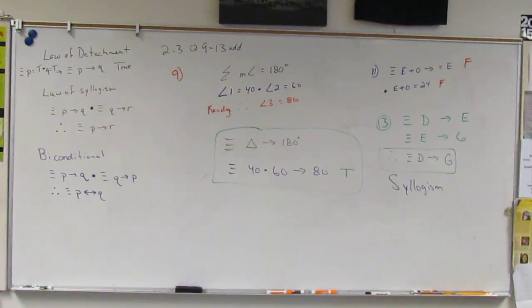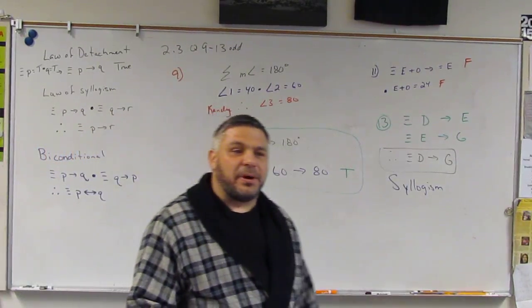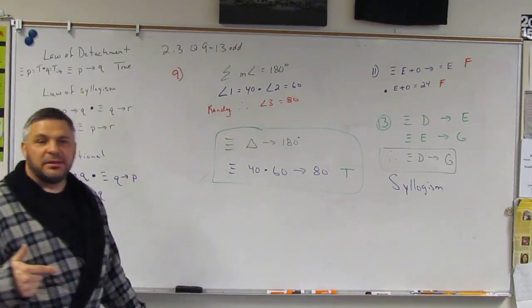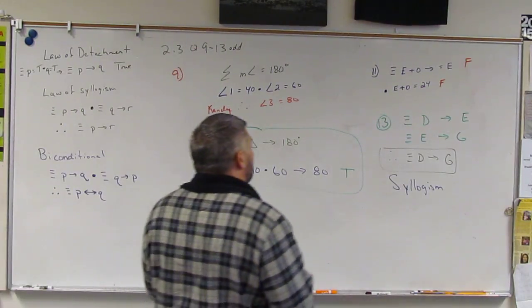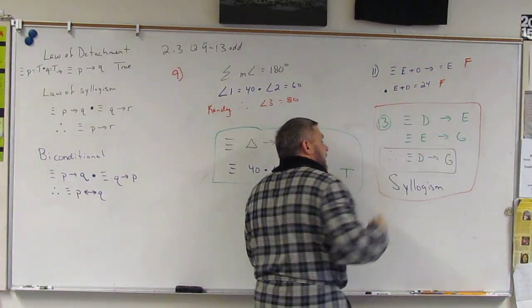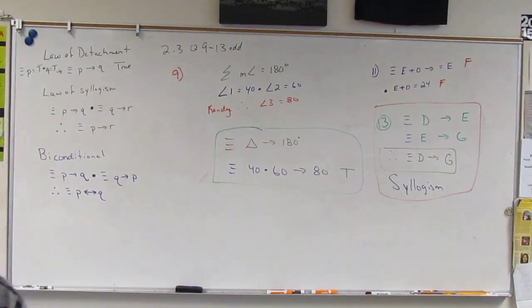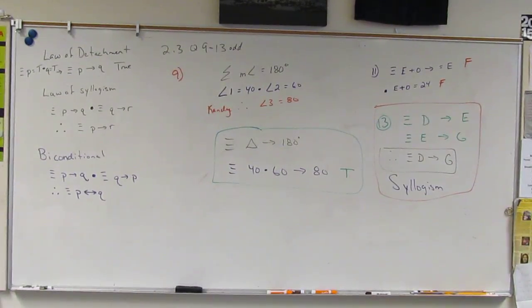So that's the law of syllogism. Okay? It's a lot like the transitive property. Remember? If A, then B. If B, then C. Then A equals C. Right? Alright, so the answer is Dakota will get better grades. Okay? Alright. So I want you to do the evens tonight on that.